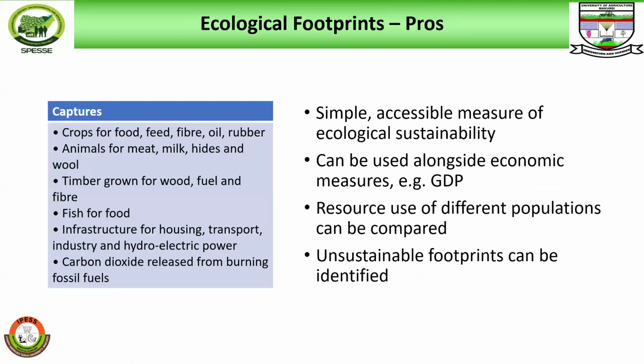What are the pros? Crops for food, feed, fiber, oil, rubber. Animals for meat, milk, hides, and wool. Timber grown for wood, fuel, and fiber. Fish for food.